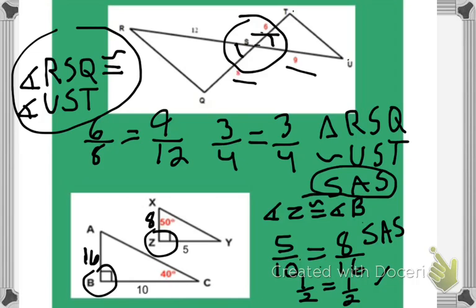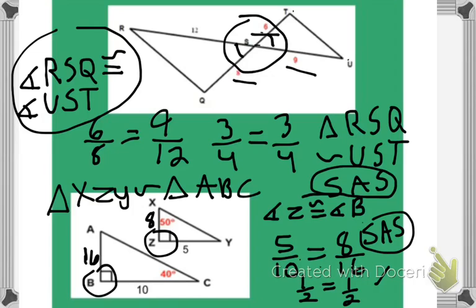Now simplify, I get 1/2, so that shows me that triangle XZY is similar to triangle ABC under the side angle side postulate.